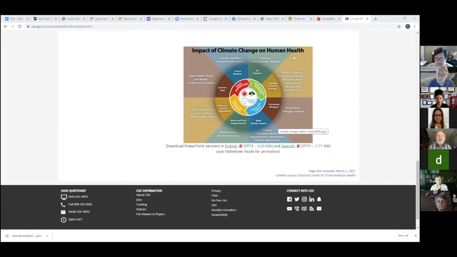In this external square out here, you see the health outcomes: respiratory and cardiovascular health, mental health, heat-related illness, and direct injuries from storms and floods. You also have impacts on infectious disease outbreaks, because disease vectors like mosquitoes and ticks are getting into a wider area, areas where they weren't before.